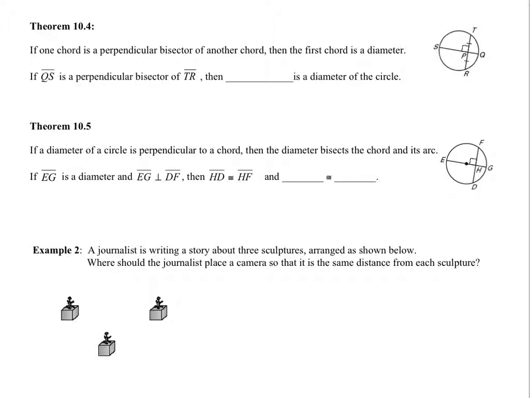Theorem 10.4. If one chord is a perpendicular bisector of another chord, then the first chord is a diameter. So what this means is if segment QS is a perpendicular bisector of TR, so it cuts TR into two congruent segments, then segment QS, which is referring to the first chord in the theorem, is the diameter of the circle.